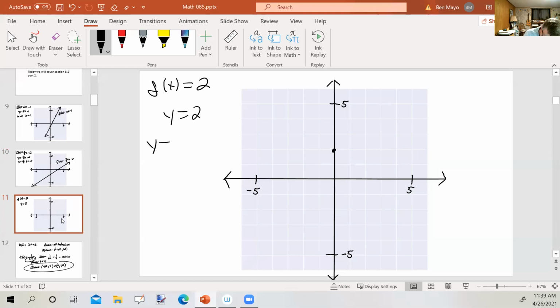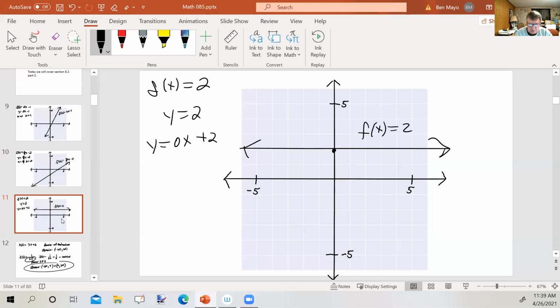It's as if we had y equals 0x plus 2, okay? So the y-intercept is 2 and the slope is 0. Well, the slope of what is 0? The slope of a horizontal line. So this is the graph of f of x equals 2.